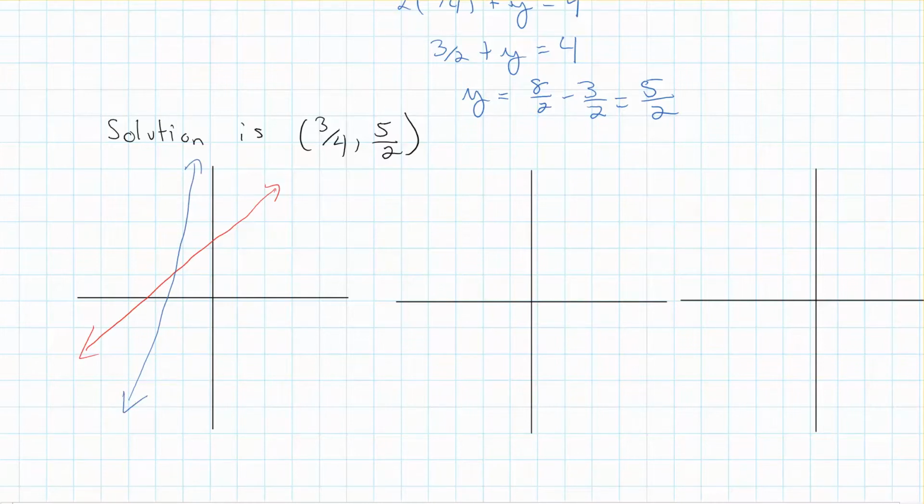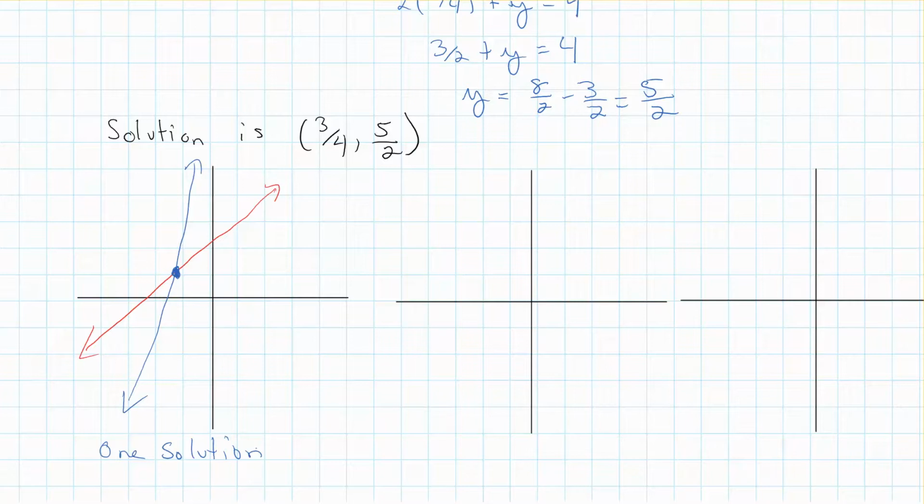So if you solve this system of equations, there is one solution here, because there's only one intersection. Now, that's going to be in general true. If you have two lines, typically you're going to have just one intersection.